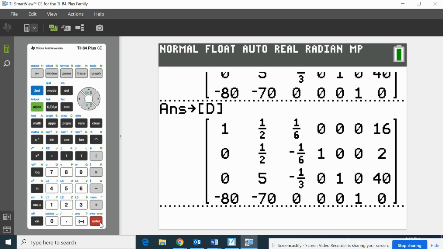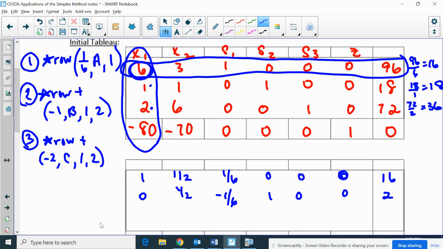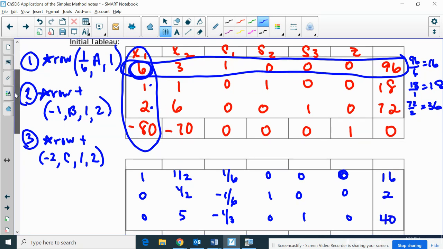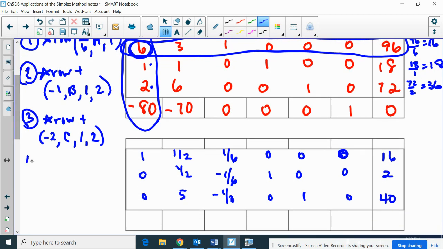And now I'm going to go change that row. So my third row of this tableau is 0, 5, -1/3, 0, 1, 0, and 40. All right, and now to make the last row, that -80 into a 0. So my fourth step will be another star row plus, +80, matrix D, row 1, and I'm adding it to row 4.